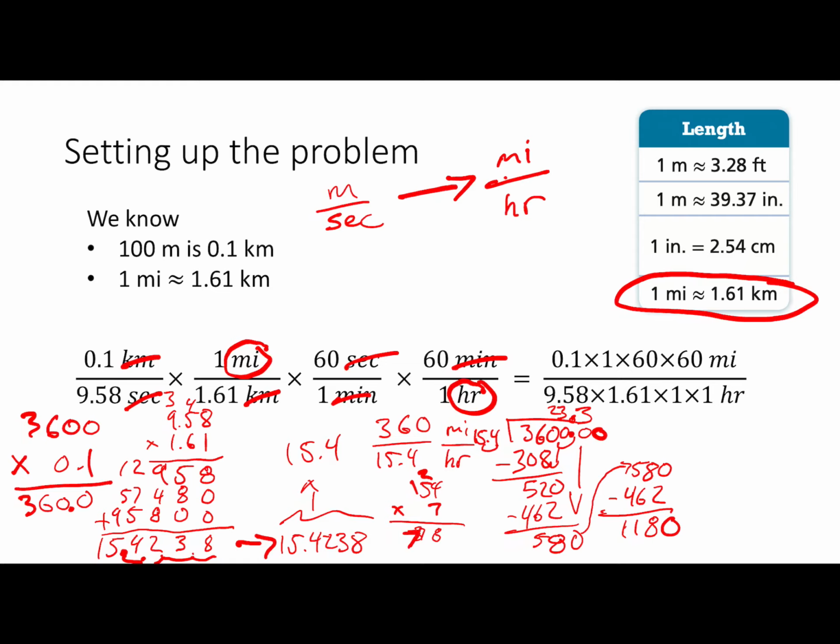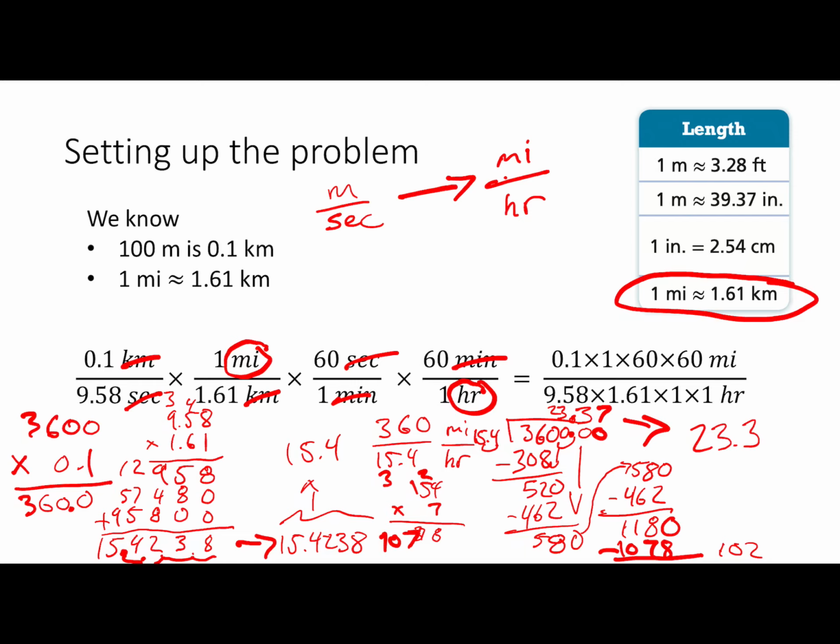Well, 7 times 4 is 28, and 7 times 5 plus 2 is 37. Sorry, messed that up there. And 7 times 1 plus 3 is 10. So we have 1,078, which when we do that subtraction, that is 102. Okay, so that's to our hundredths place, 23.37.